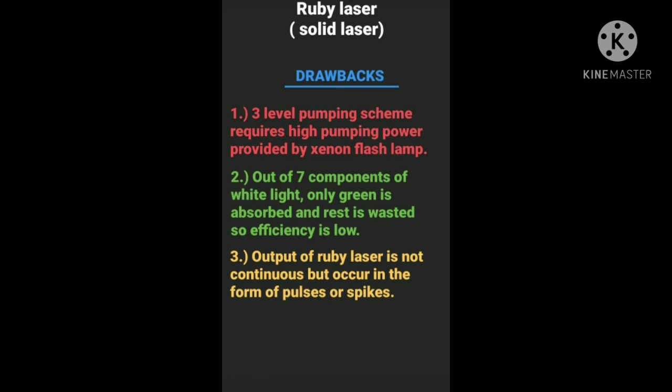When there is no flash of light, there is no population inversion, which results in no light amplification and no laser action. These are the 3 basic, important drawbacks of ruby laser, which can be asked in the paper as well. So this is all for ruby laser.